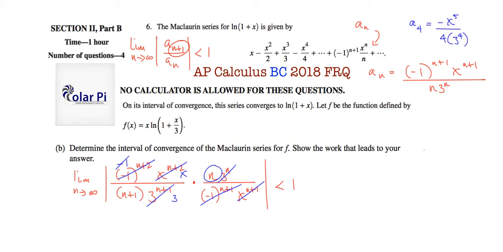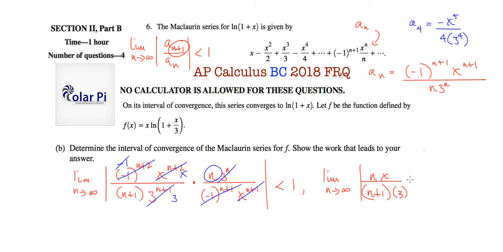So this has simplified tremendously. What we have now is the limit as n goes to infinity of the absolute value of n times x in the numerator, and in the denominator, n plus 1 times 3.